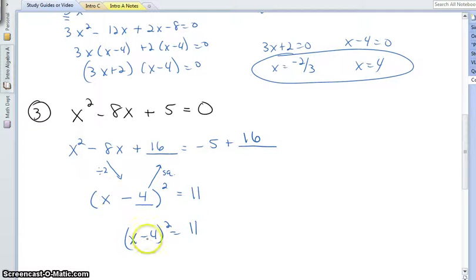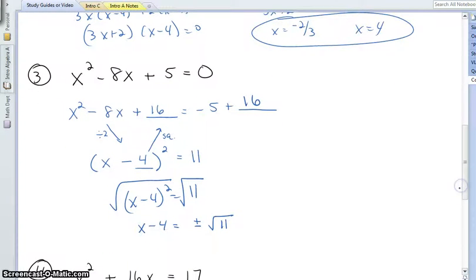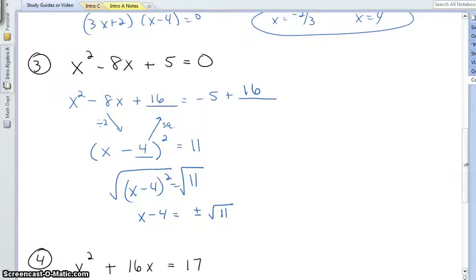Now that I have some quantity squared equals 11, I want to take the square root of both sides because I want to get rid of that squared part. On the left side, I have x minus 4 equals positive or negative square root of 11. I need the positive and the negative square root of 11 because I have two potential solutions.